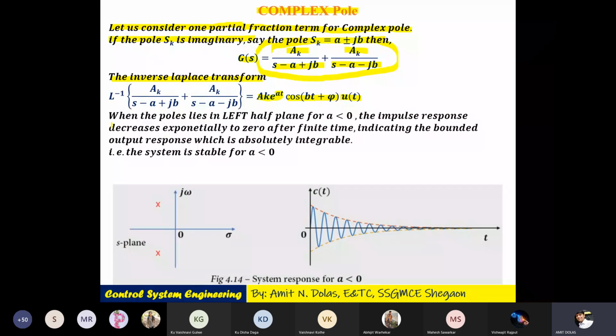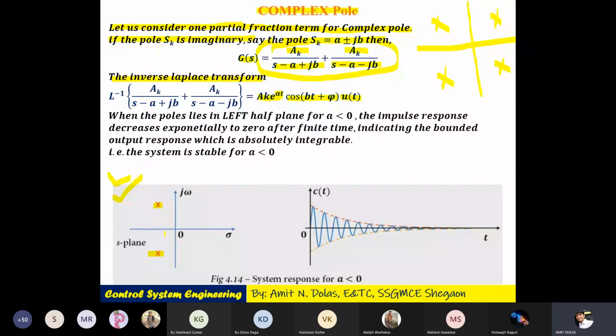So again, the complex pole may lie in the left hand side or in the right hand side. We'll consider one of the cases here, that these two poles, a plus minus jb, lie in the left hand side.